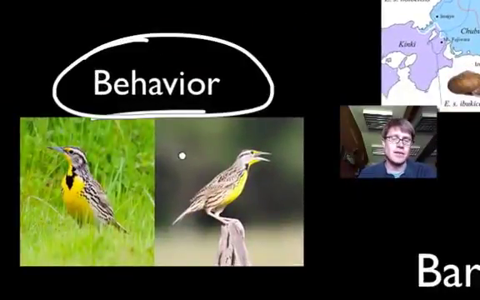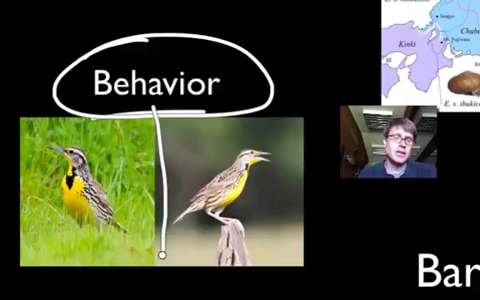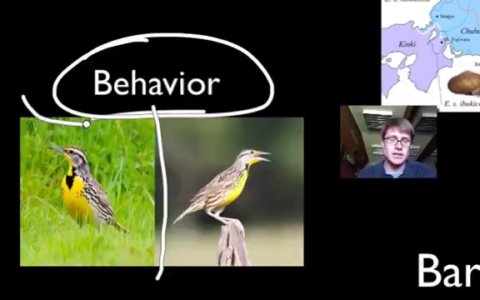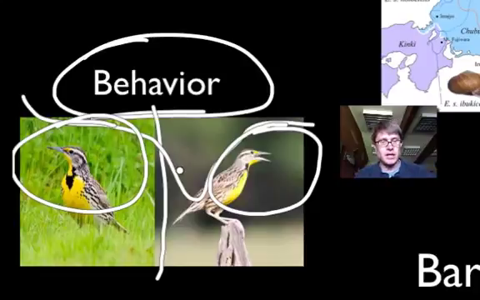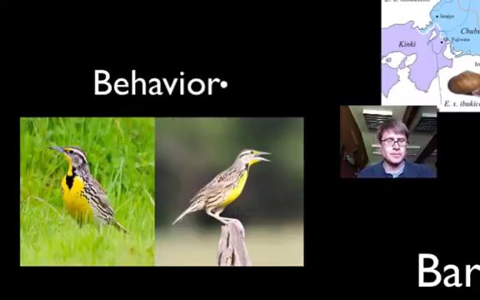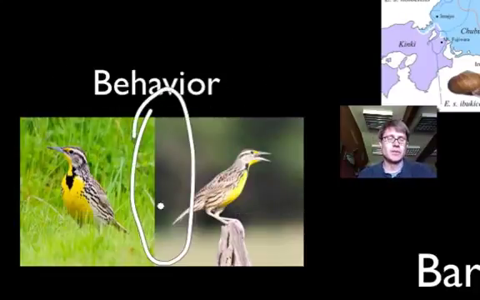And lastly, we could have behavioral isolation. So I talked about these. These are two types of meadowlarks, the western and the eastern meadowlark. They were separated during the last ice age, where ice started to come down through the middle of North America. So now we have the western meadowlark, which is our state bird in Montana, and the eastern meadowlark. Now that we've eliminated that isolation, and they live in this hybrid zone, they don't interbreed.